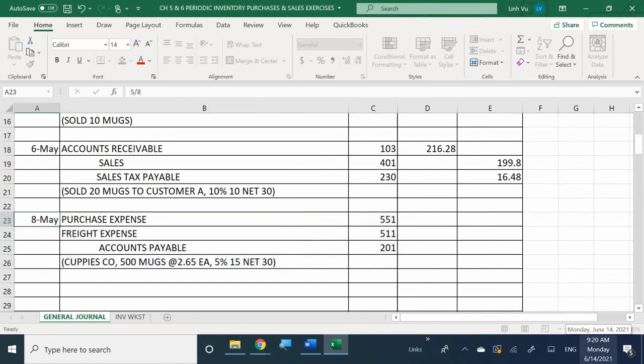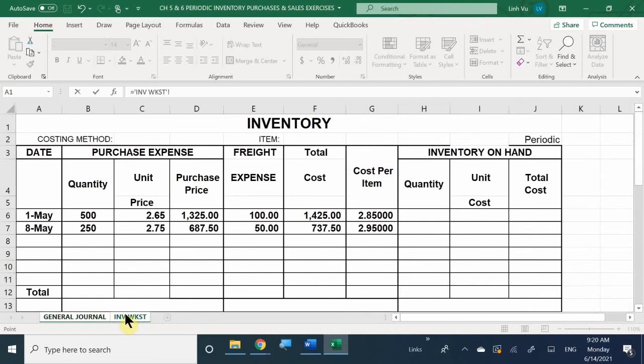So on 5/8, what was my purchase expense? How much did it cost me? What was my purchase price? What's that? 500. I'm sorry. What did we just purchase? Can you go back up?